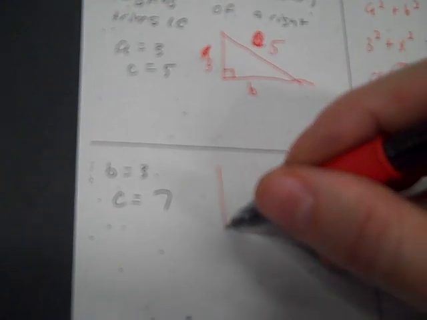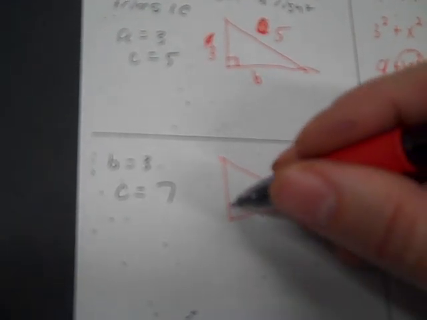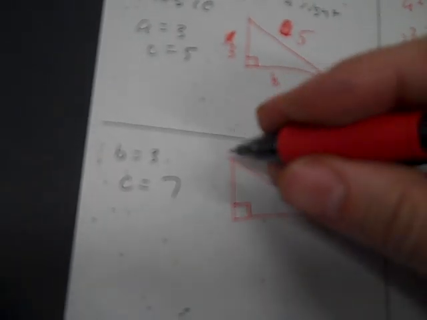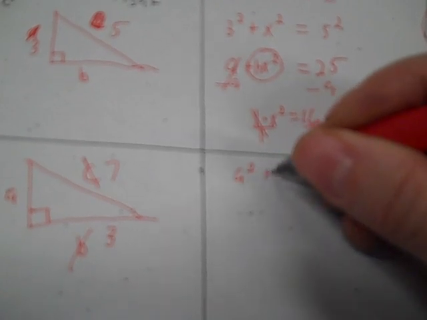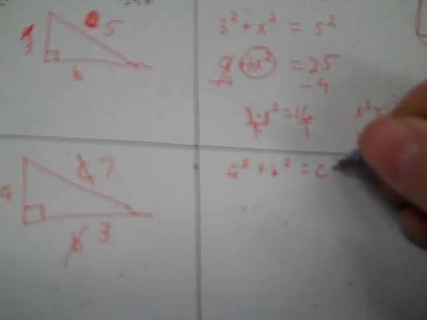Next one, I draw my right triangle. A, B, C. Now B is 3, slash it out so you can tell where B was at, and then C was 7. So A to the second plus B to the second equals C to the second.